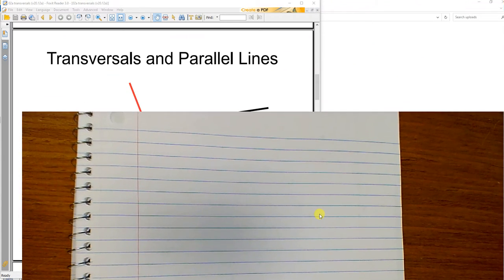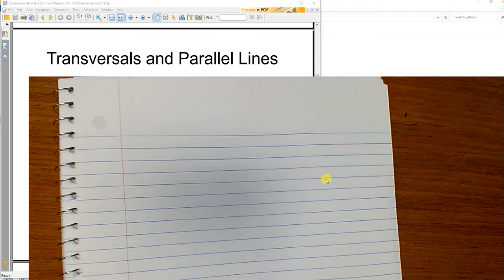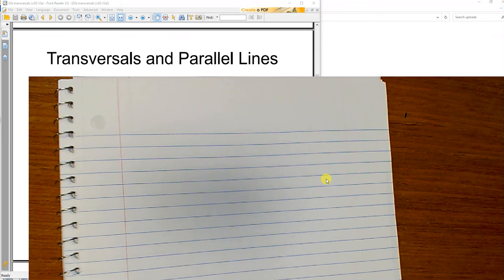So let's start with our name and the title, which is Transversals and Parallel Lines.